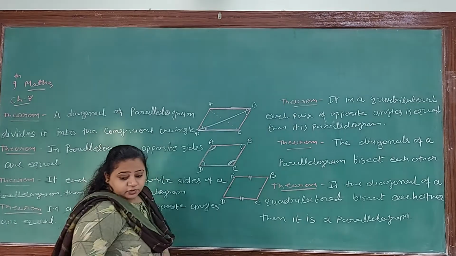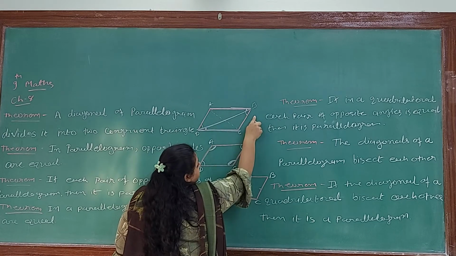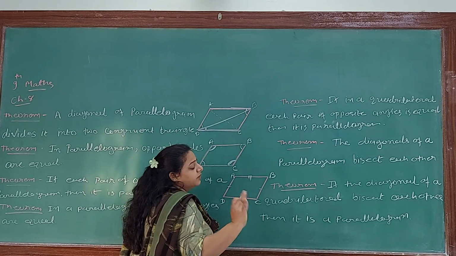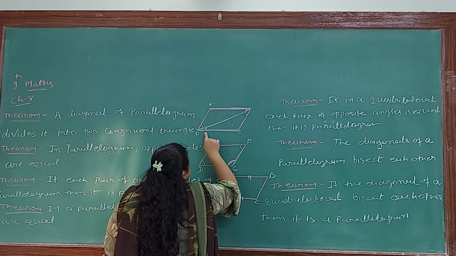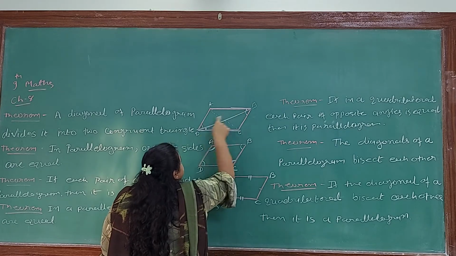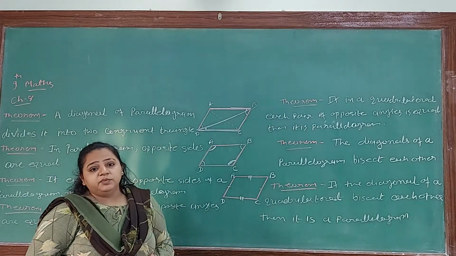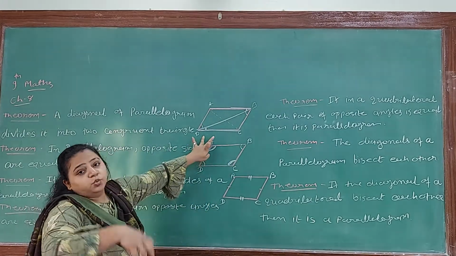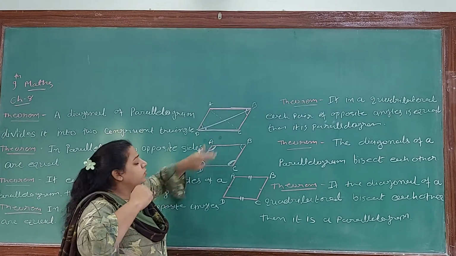Now in a parallelogram we are saying opposite angles are always 180. If these two angles are equal, then automatically this one is also equal, because the total will be 180 and two are equal. Then of course the second two are also equal.